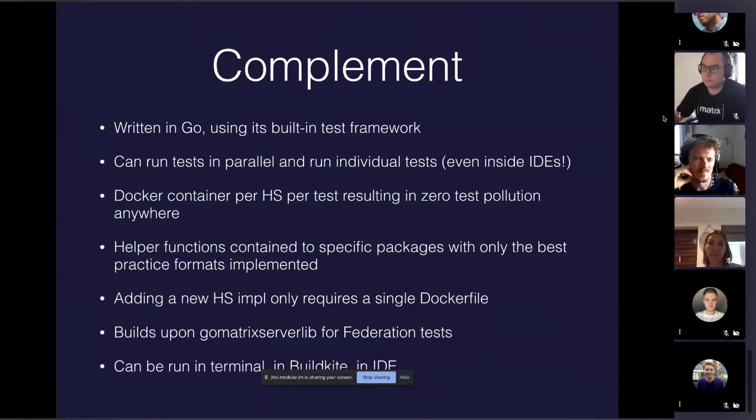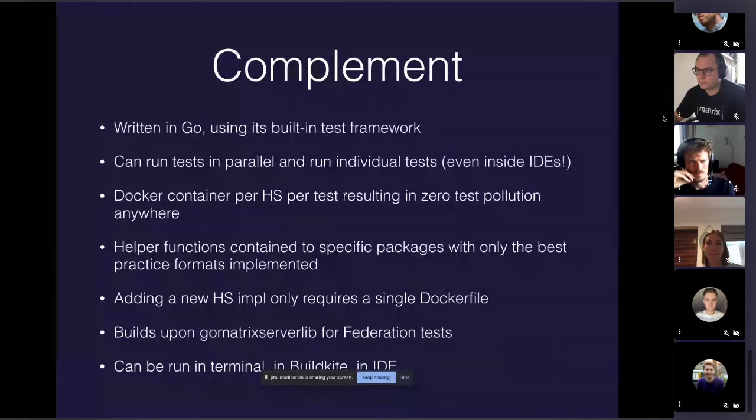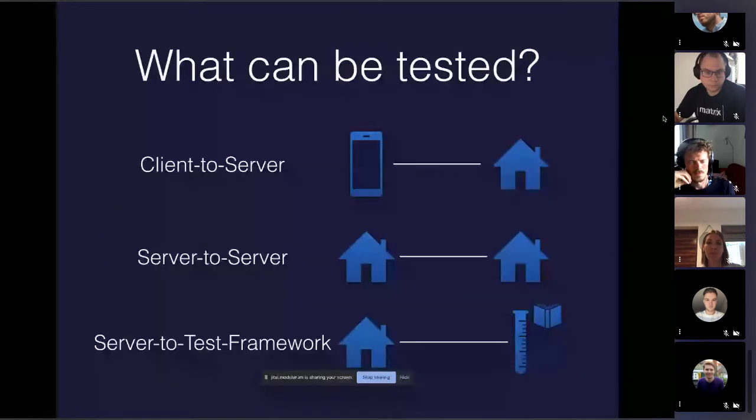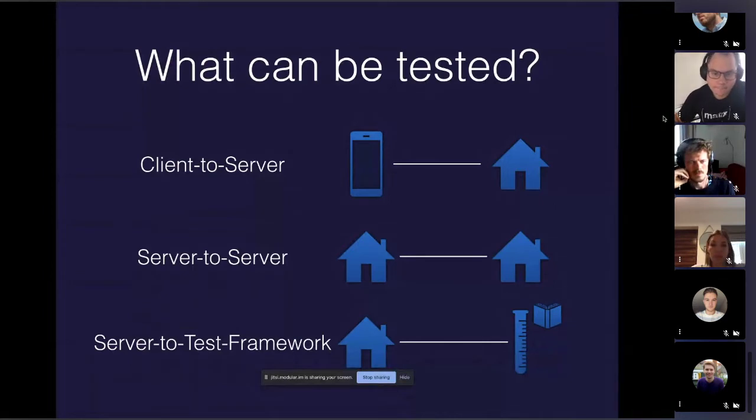Overall, it's written in Go, and we're building off some of the underlying Go libraries that we use for Dendrite. That's partly because, remember that third point I mentioned before, this test framework is actually implementing a federation server. The home server is going to be making federation requests to the test framework.